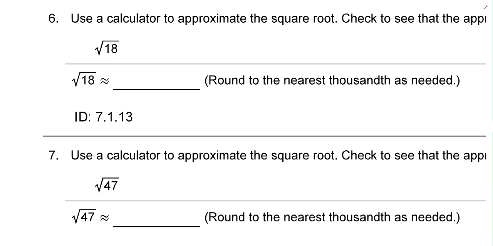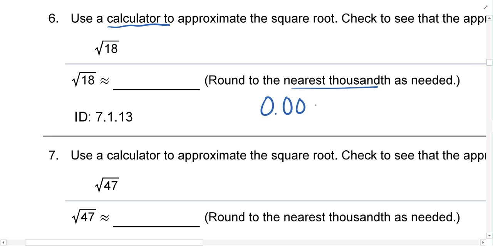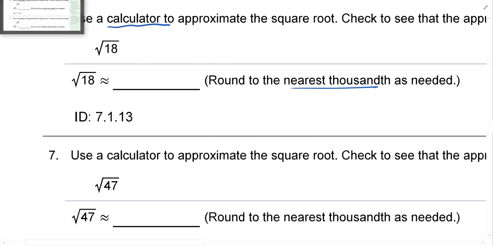This next result, well, the question does tell us that we need to use a calculator this time. So the square root of 18 is equal to some decimal that's not going to terminate. It never repeats either. And the instructions do want us to round to the nearest thousandth. So if I'm thinking of my decimal places, this first one is the tenths, then hundredths, and then thousandths place. So I need to go to the third decimal position in this result.